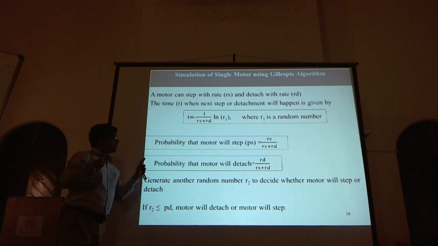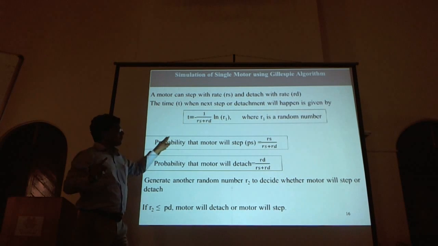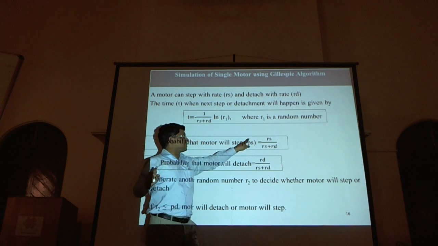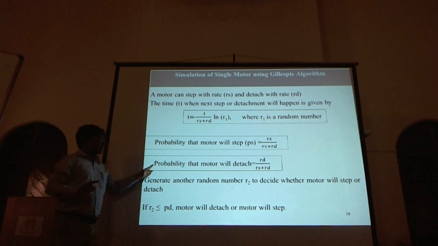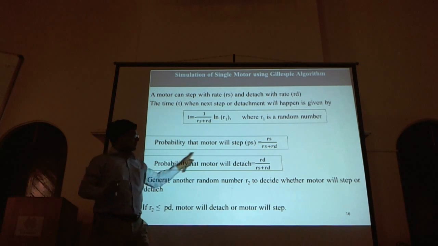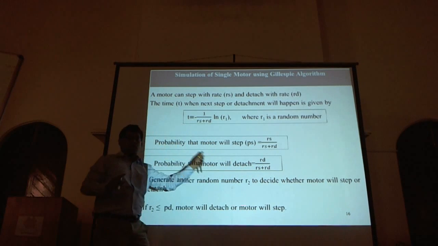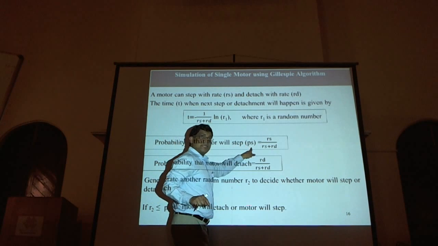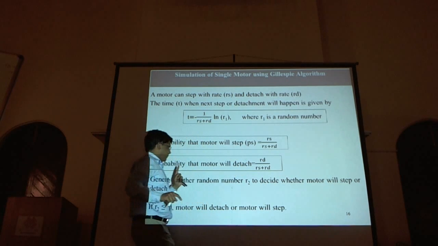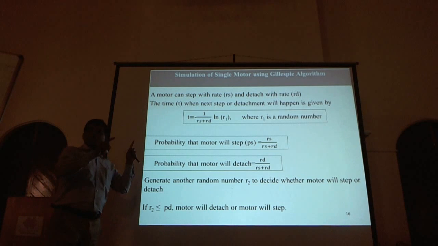Then using the same rates RS and RD, I will calculate the probability of stepping, which is the stepping rate divided by the sum of all the rates. Similarly, for detachment, it will be the detachment rate divided by the sum of all the rates. Then I will generate another number to find out which of these two will happen.